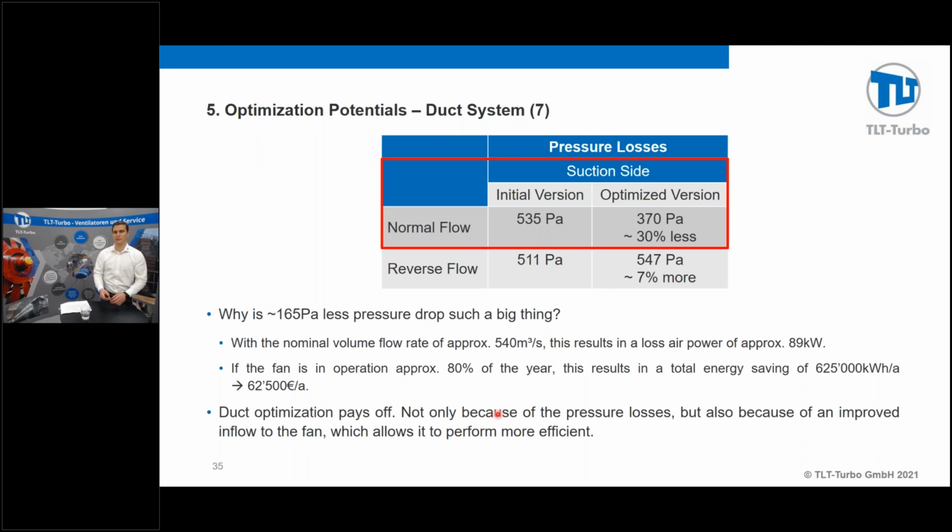So I would like to say duct optimization can pay off, not only because you can reduce the pressure losses, but you can also take care of the inflow conditions to our fan in order to make the fan work in the most and best efficient way.